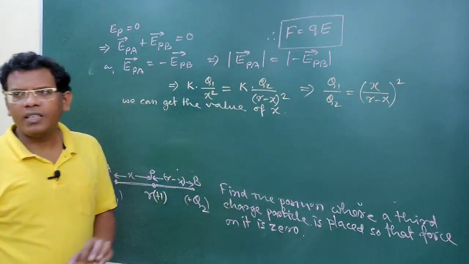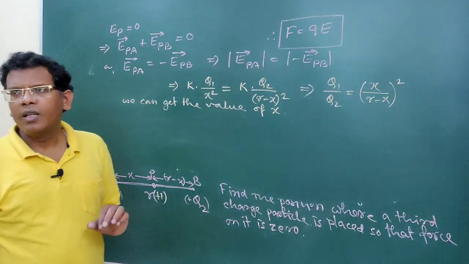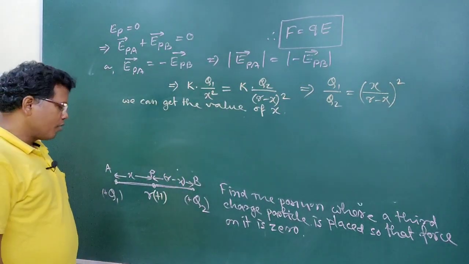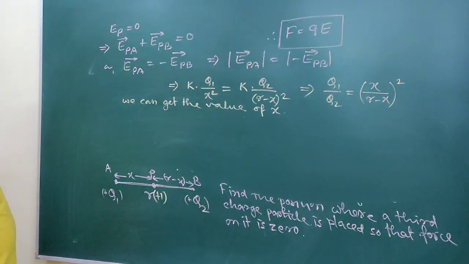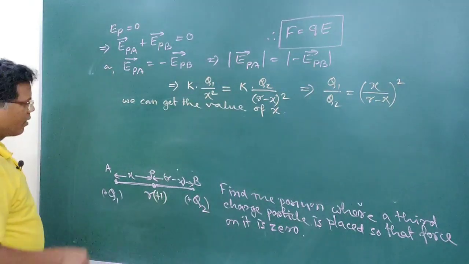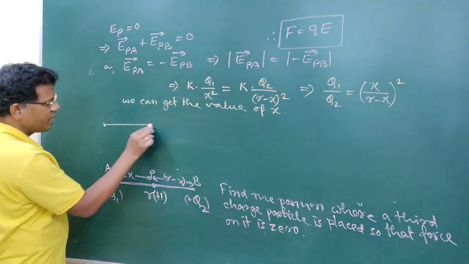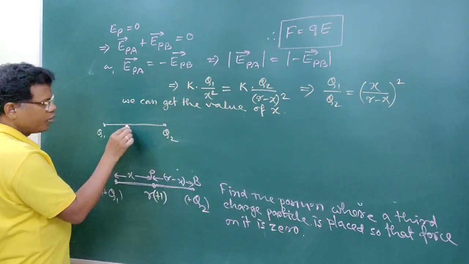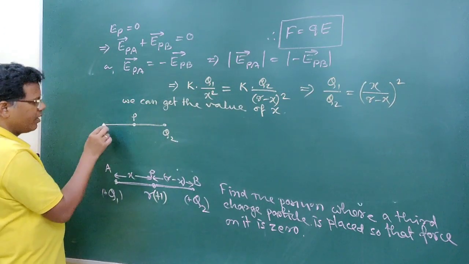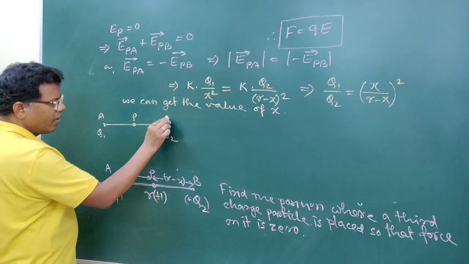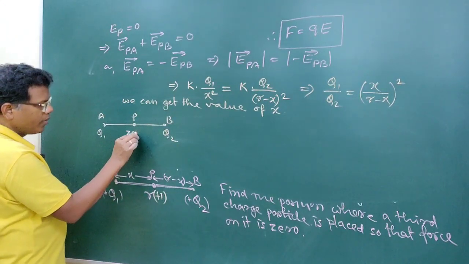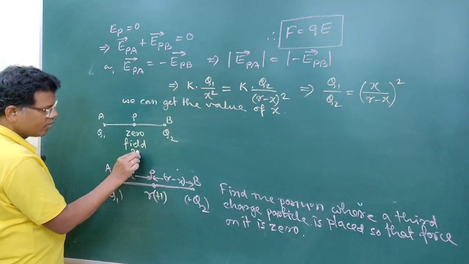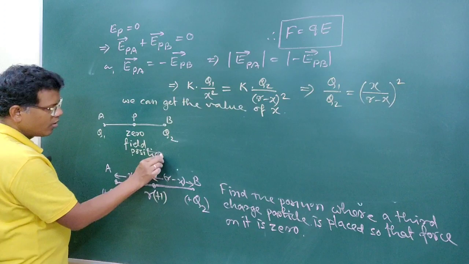so that it experiences zero force. Now there are two possibilities. If the given charges are positive, as I have taken Q1 and Q2, the zero field position will always be somewhere in between, along their line joining. Got my point?